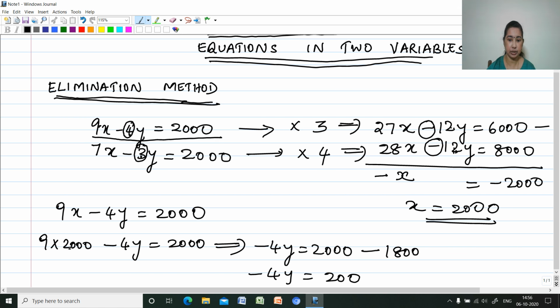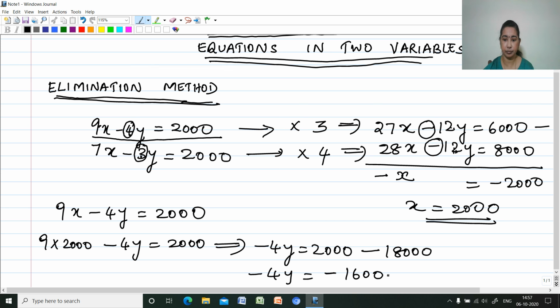Here it is 18,000, and 2000 minus 18,000 is minus 16,000.